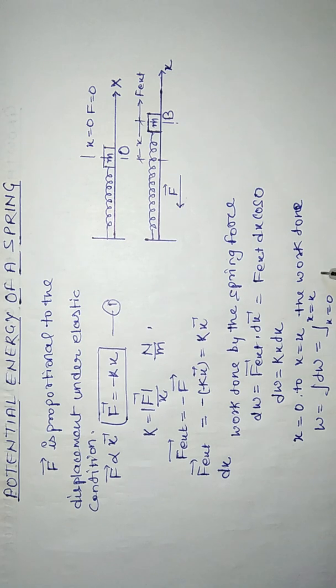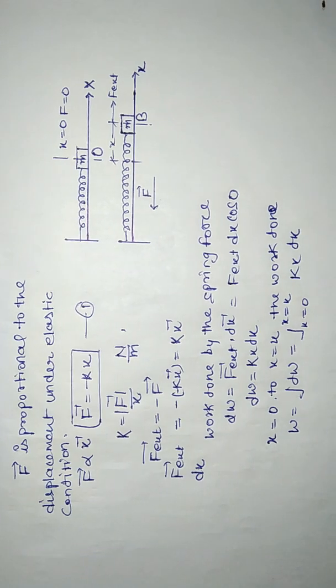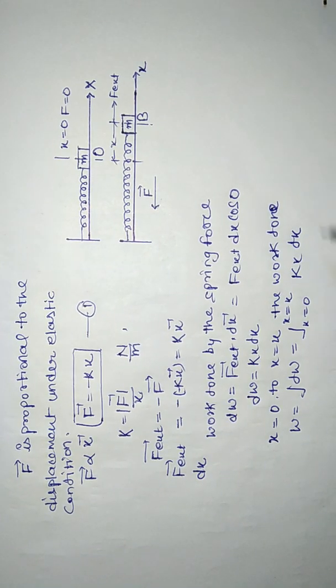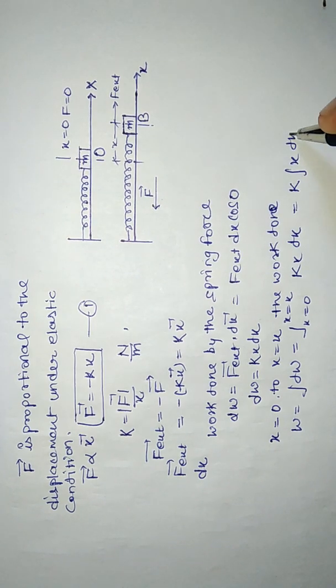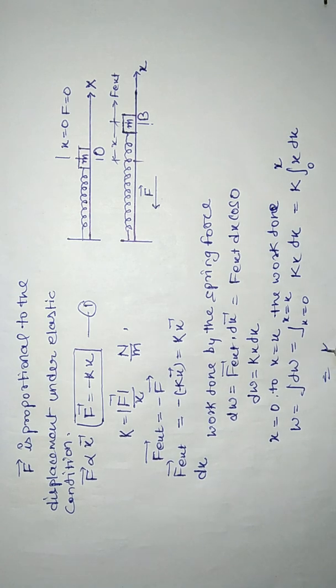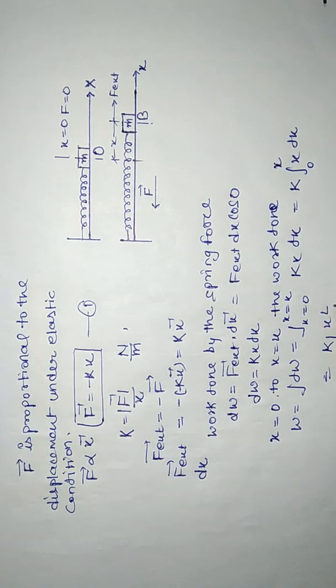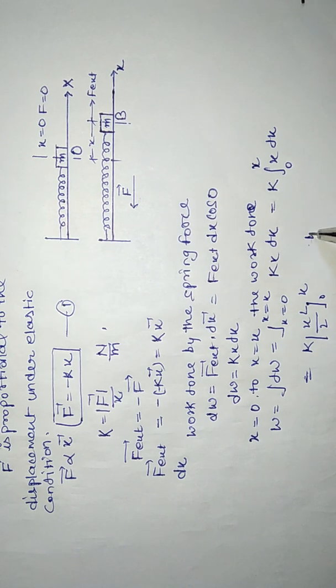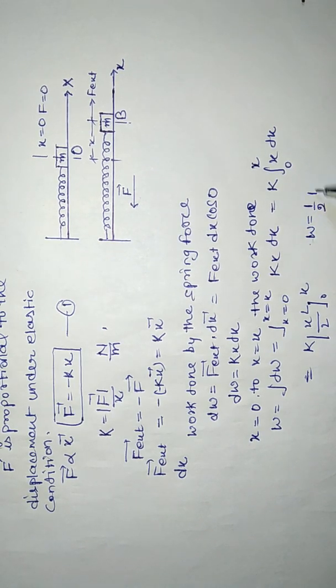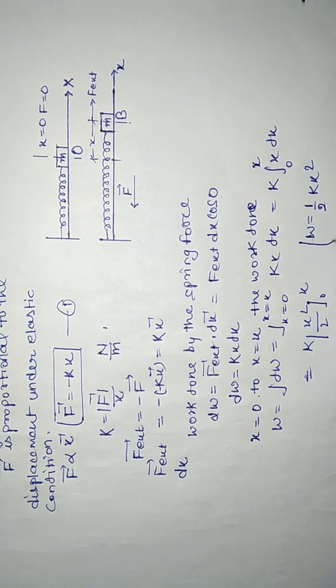Because k is constant, it will come outside the integration. On integrating x, we get x square upon 2, with limits 0 to x. So the work done W will be equal to half kx square.